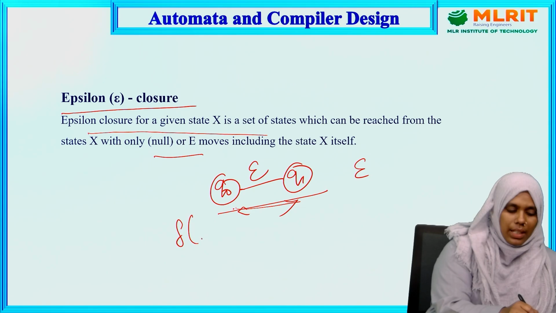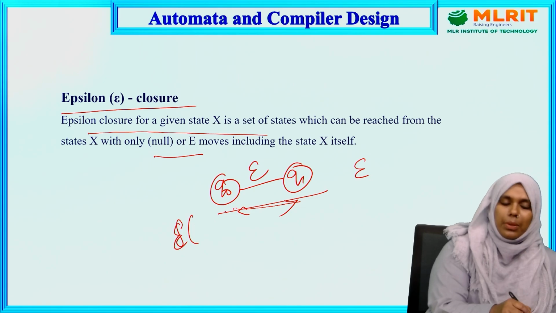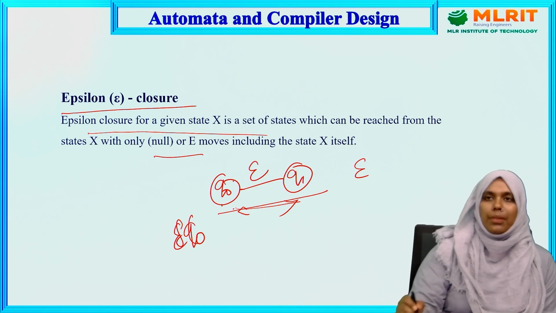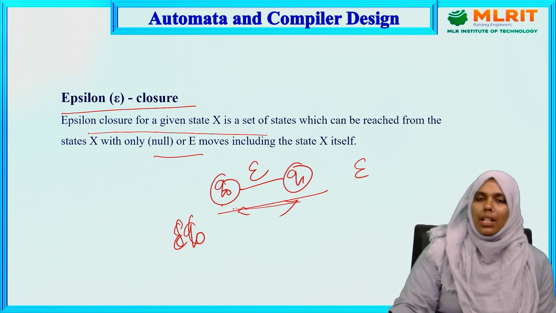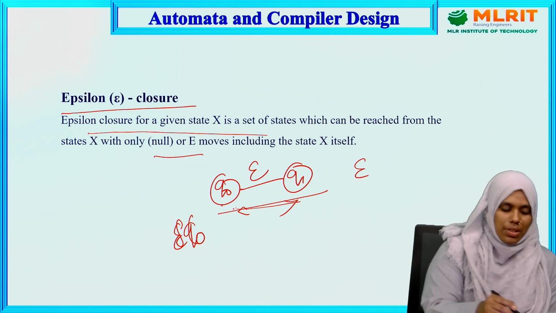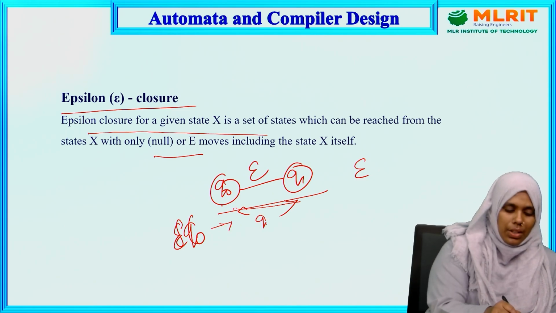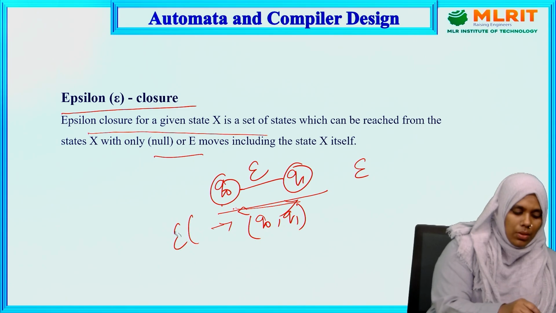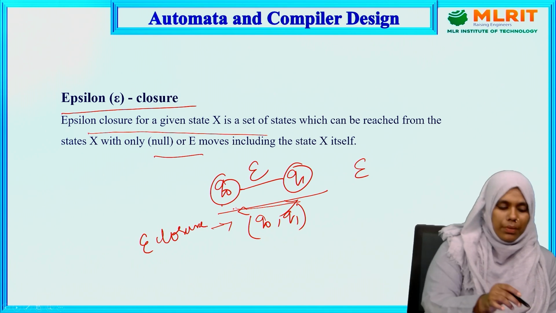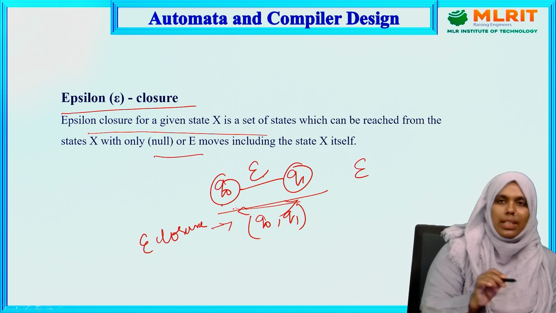For each and every state, we check from this state to the next coming state whether there is any epsilon transition. If there is, you write it like this: epsilon closure of q0 is q0, q1. Why q0, q1? Because from q0 to q1 there is an epsilon.